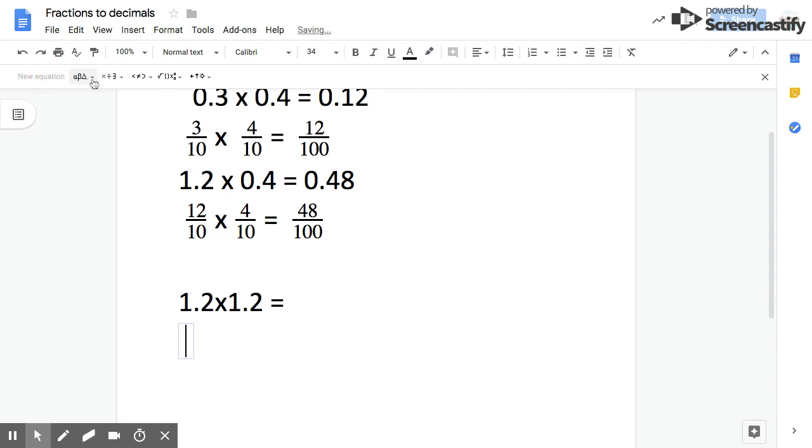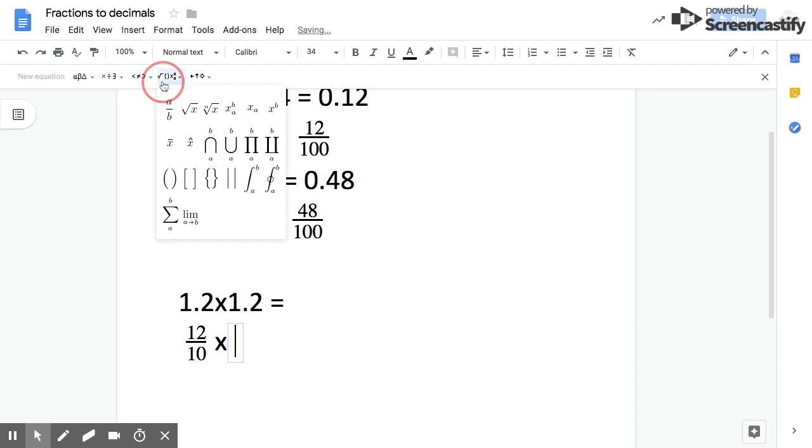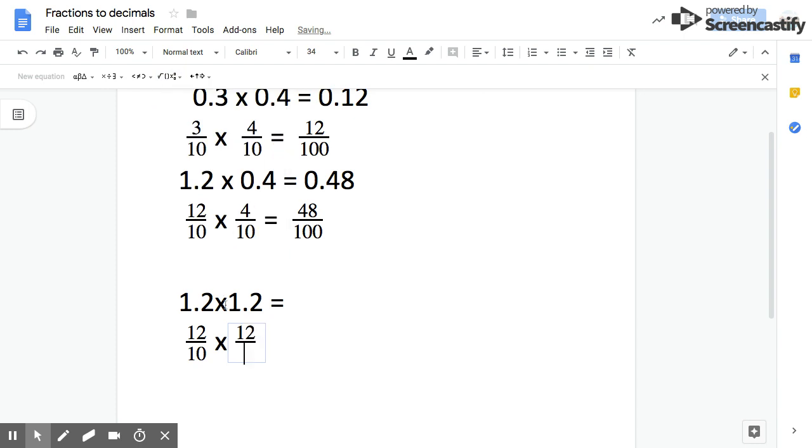So let's see if we can find that easily by putting it into a fraction. So 12/10 times 12/10 equals, we already know what this equals. We just said it, right? It's a math fact. 12 times 12 is 144 over 100.